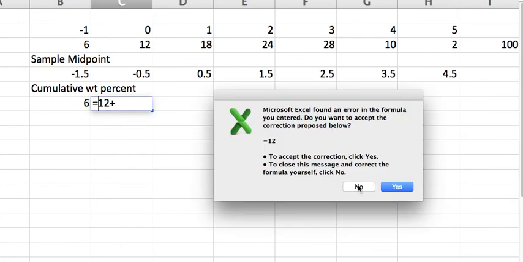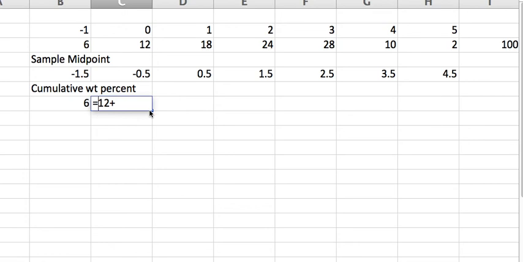Now I messed it up. Silly Excel. Okay, equals 12 plus, there we go, the 6% we had before, or 18%. What's coarser than 0.5 phi? Well, 18% plus, remember the equals this time, plus the sizes that are smaller.